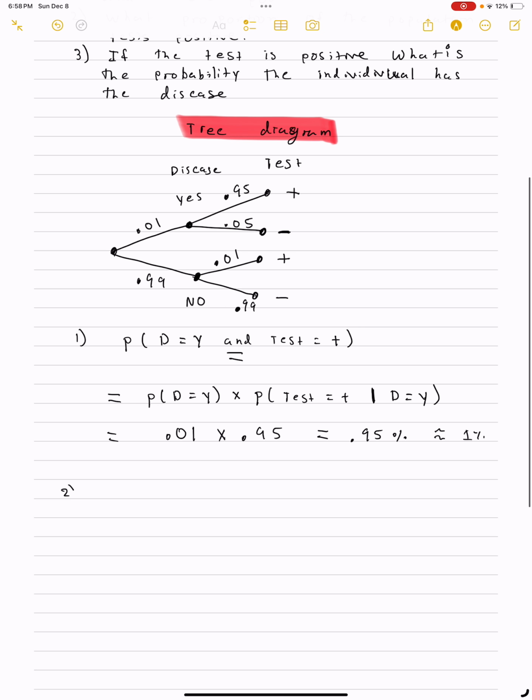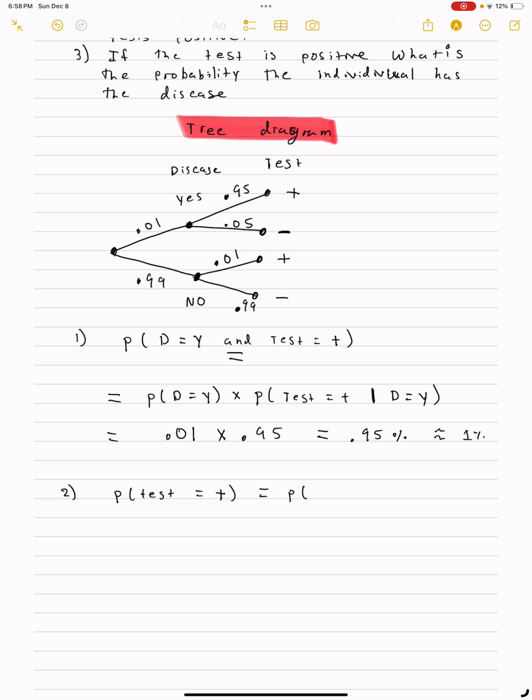So question 2 asks what proportion of the population as a whole tests positive. So this is the probability the test is positive. There are 2 ways to test positive. You can have the disease and test positive, or you cannot have the disease and test positive, the latter being a false positive.